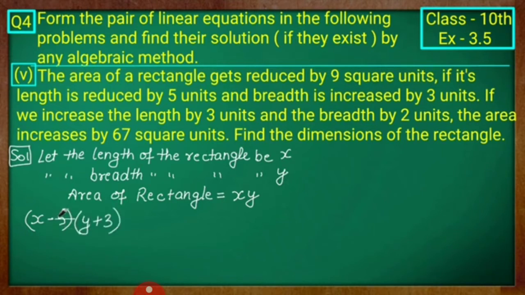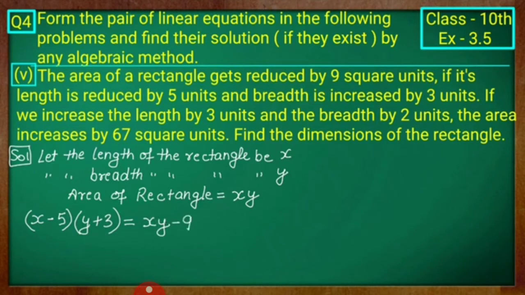We multiply this length and breadth, and this will be the area. According to the first condition, the area is reduced by 9 square units. So the area xy minus 9, because 9 is reduced from the area of the rectangle.